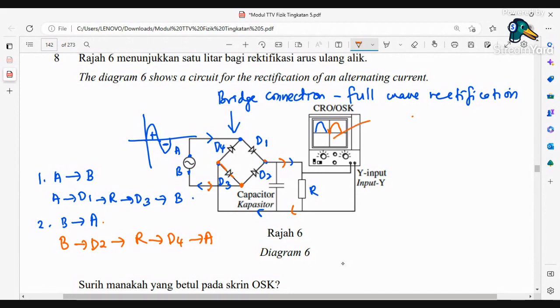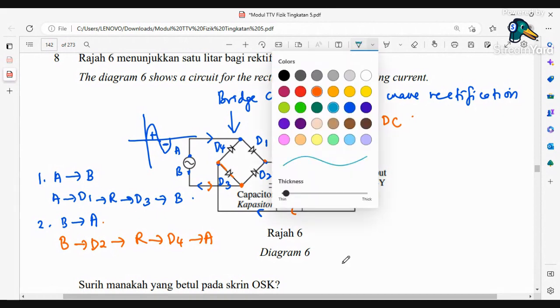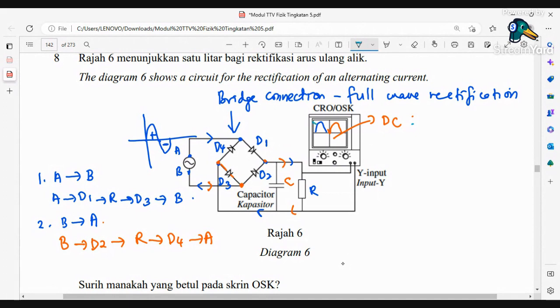So this is the output, which is DC. But remember, here we have a capacitor. The capacitor will smooth out the output current. So the output will be smoothed out, and what you observe is like this. It is more steady than before.